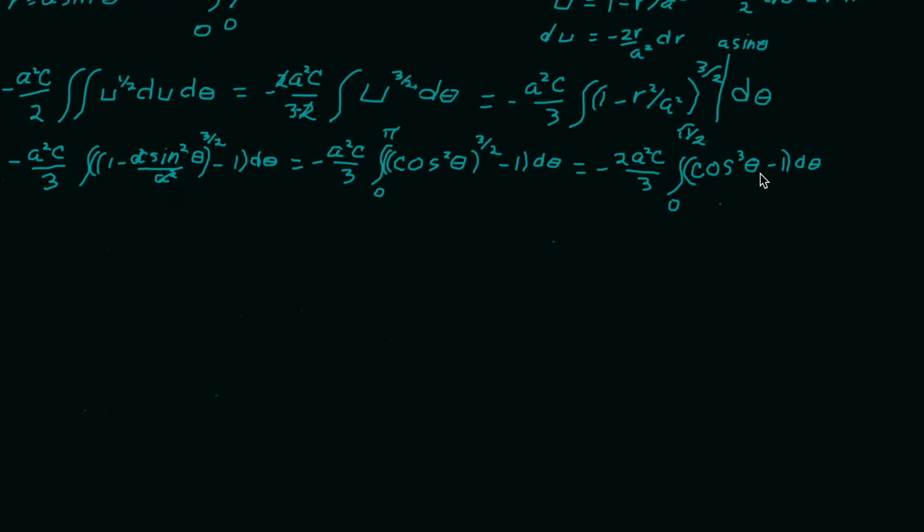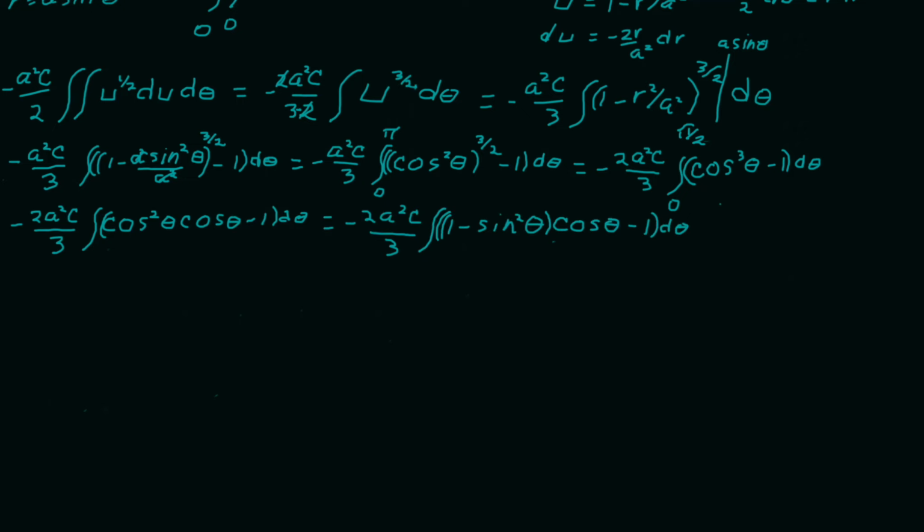Now we'll break this out so that we can calculate cosine cubed. We'll break this out so it's cosine squared θ cosine θ. Now for cosine squared θ, we'll plug in 1 minus sine squared. Given this, 1 minus sine squared θ cosine θ minus 1.